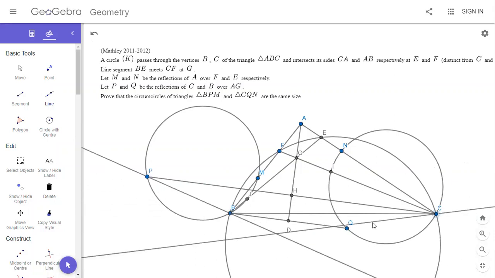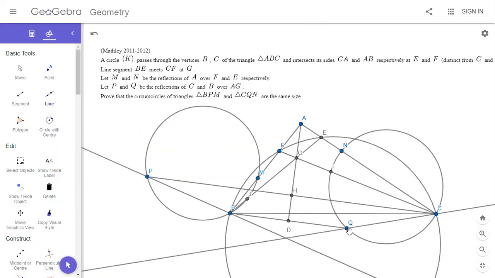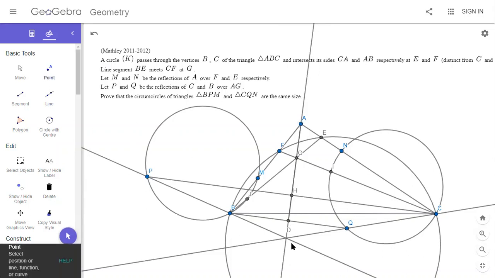Yeah. We know by symmetry that this should lie on AD and these powers are equal, because A has the same power with respect to both circles. Okay, I think that does it. I think you're right.